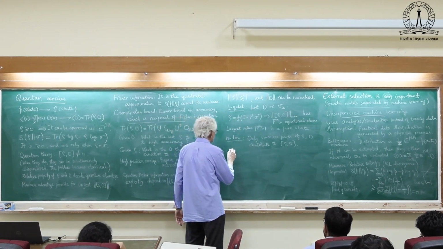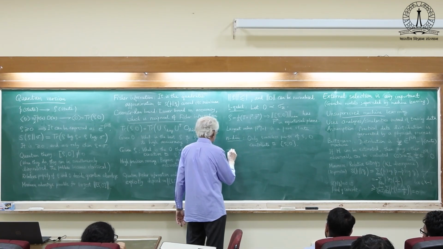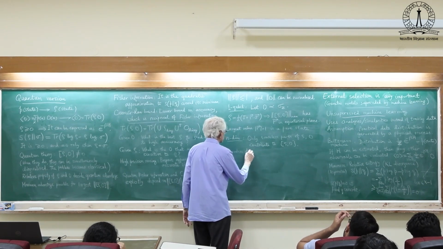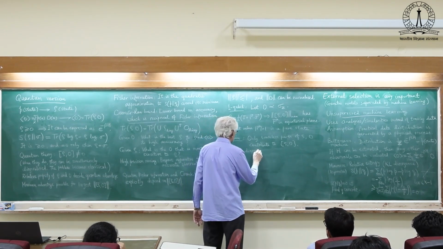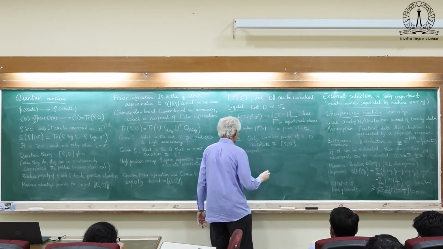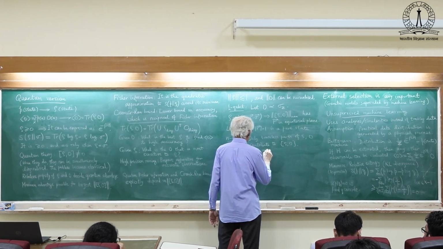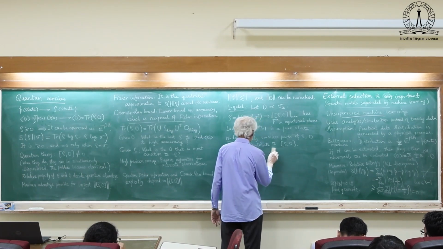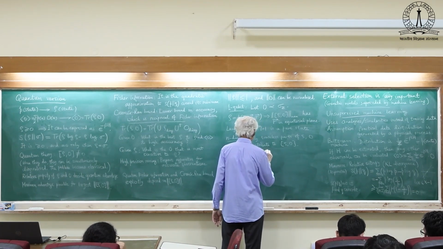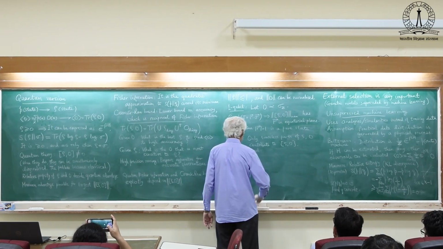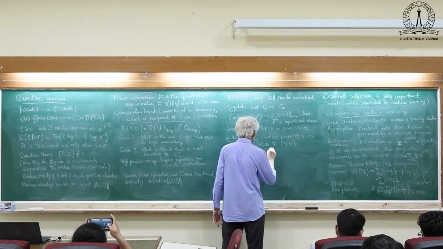So traceless, diagonal. These are Hermitian as well. No, they are positive actually, doesn't matter. Hermitian is good enough.